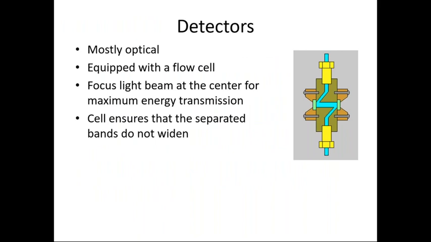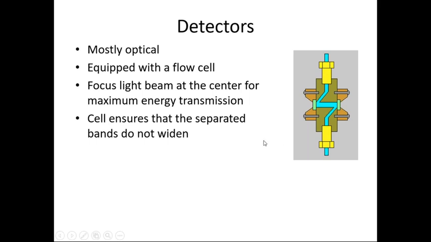The detectors that are commonly used are optical detectors. These detectors work exactly like the UV visible spectroscopy that we discussed the other day. Here the UV visible beam of light, whether it is through a tungsten lamp or through a xenon lamp, is focused on the flow cell, and depending on the amount of light that is absorbed and transmitted, a signal will be seen.